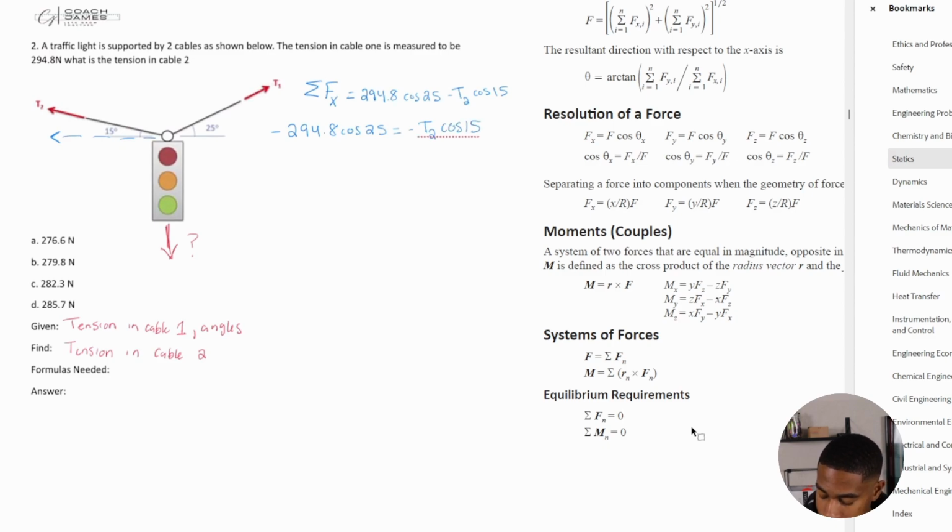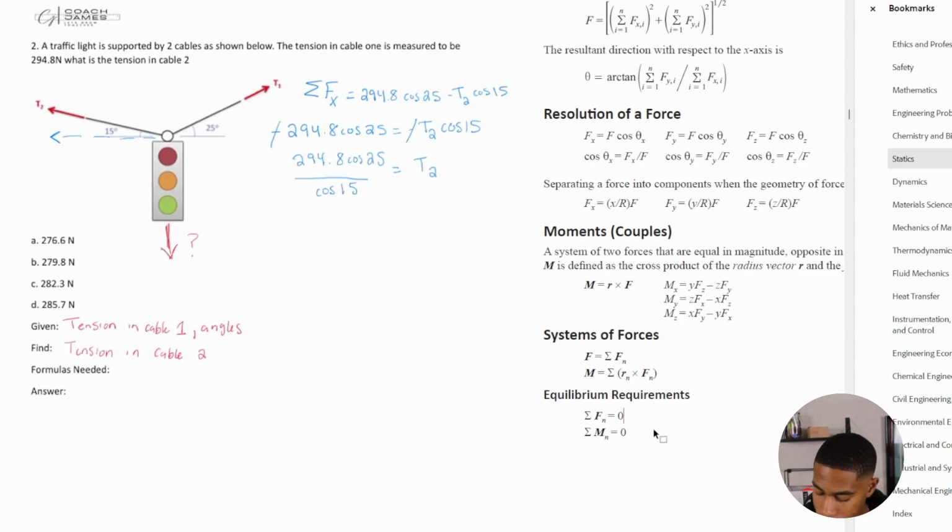I just brought that to the other side. Now I'm going to cancel my negative values. They cancel, literally. And then I'm going to say 294.8 cosine of 25, and I'm going to divide everything by the cosine of 15. And that equals T2.